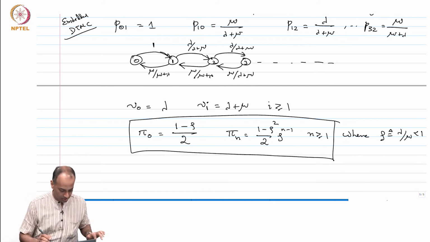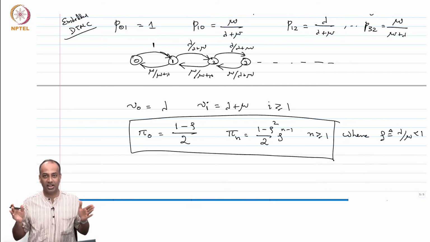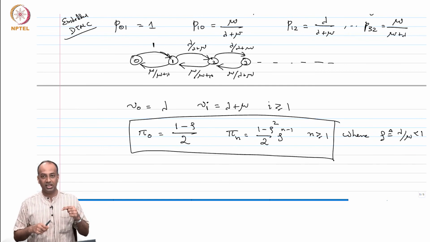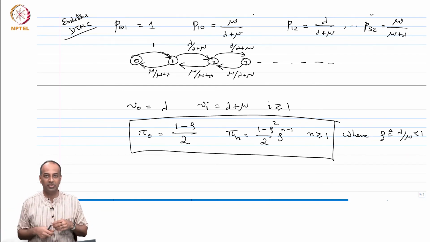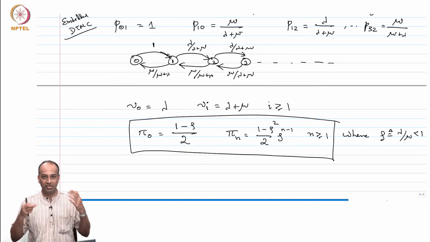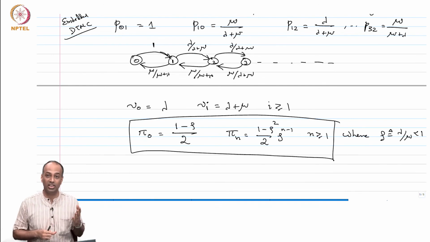This is not the fraction of time spent in state n. I want to make this very clear. You have different nu i's, different holding times in different states. So, this pi i is the steady state probability of the embedded Markov chain, which represents the fraction of transitions that take you to state n. And because these nu i's are different, there are different holding times in different states, these may not represent the fraction of time spent in state n in the continuous time process.